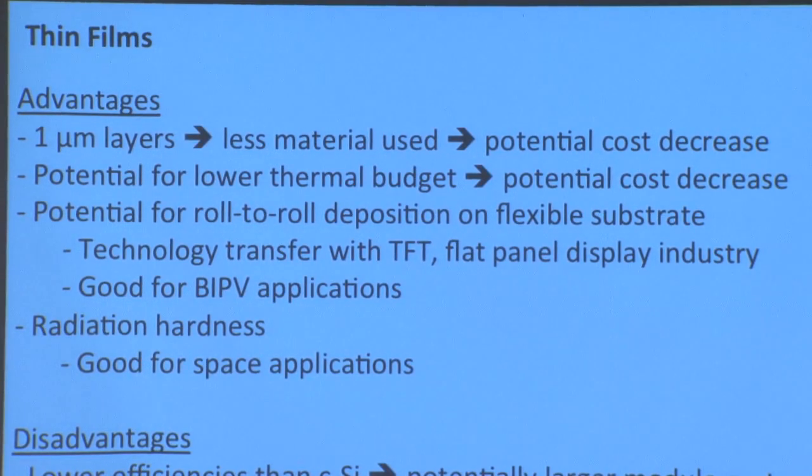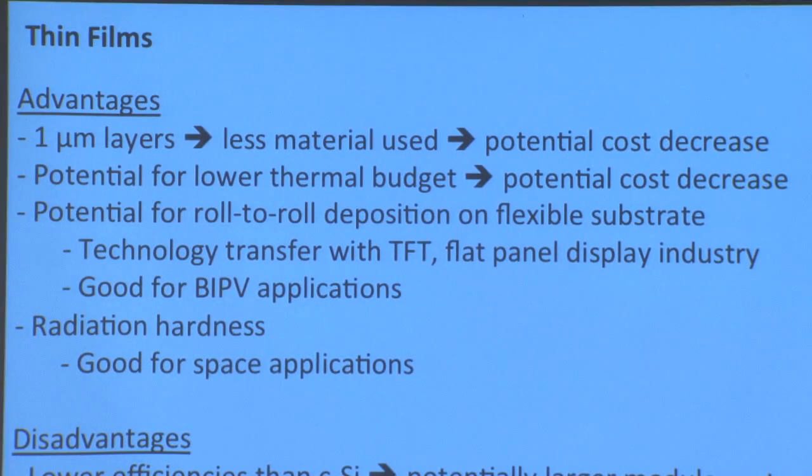One perspective is that if you're depositing a thin film using a fairly low-cost technique, like a closed-space sublimation type process, you may be able to deposit the material for as much cost as it takes the cardboard that separates the modules from each other in the stack that's being loaded onto the 18-wheeler out of the factory. Just to put things in perspective, it's very cheap to deposit these thin layers.